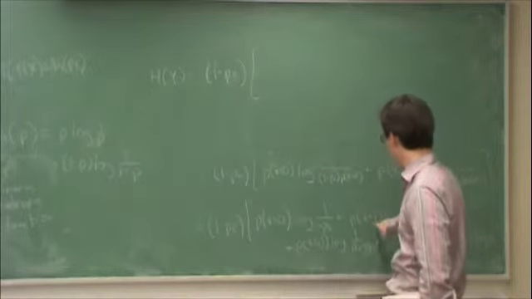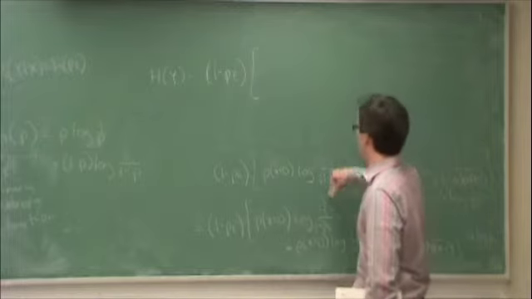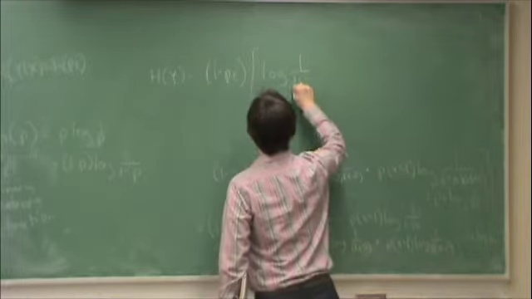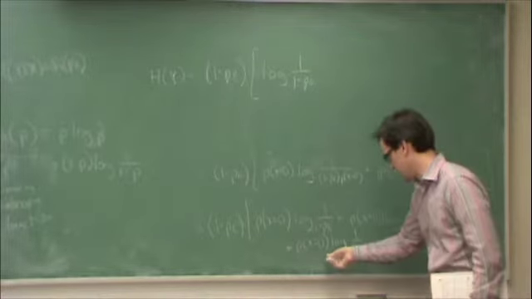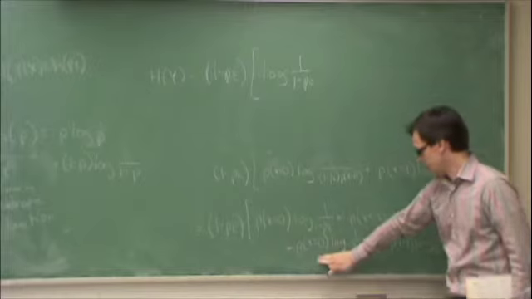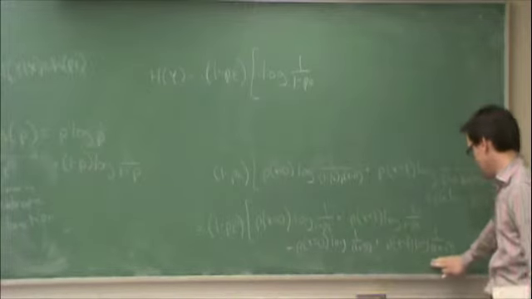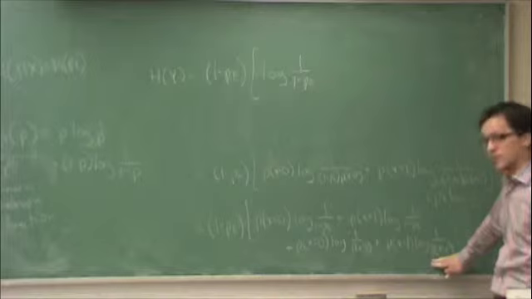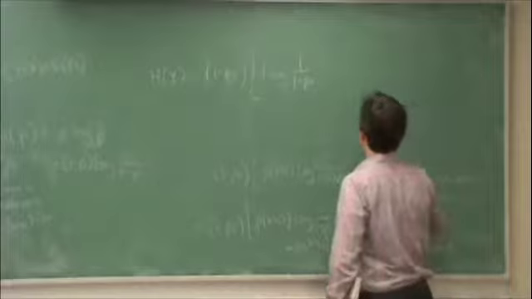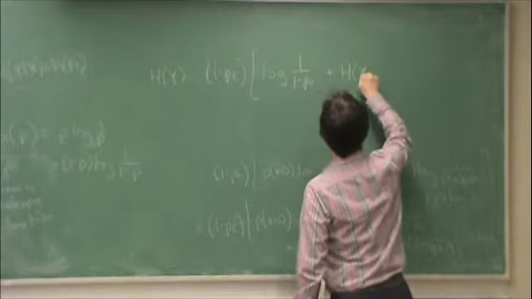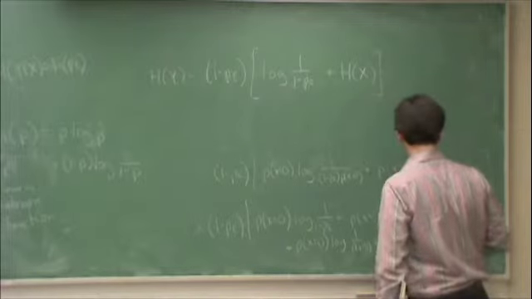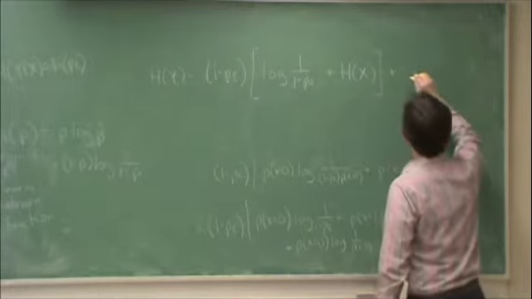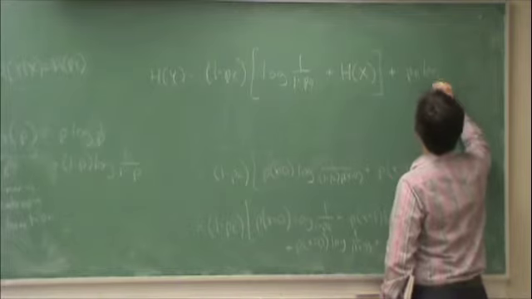If I collect these two terms, I have log 1 over 1 minus PE. Now, what are these two terms? P x equals 0, log 1 over P x equals 0, P x equals 1, log 1 over P x equals 1. It's h of x. Plus PE log 1 over PE.